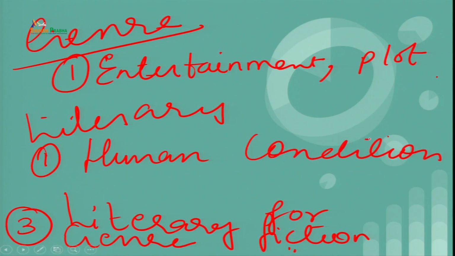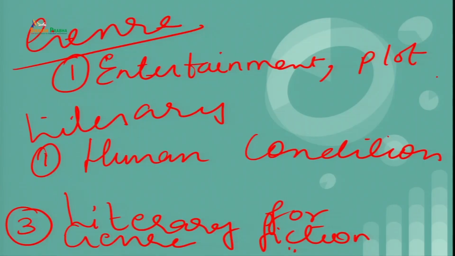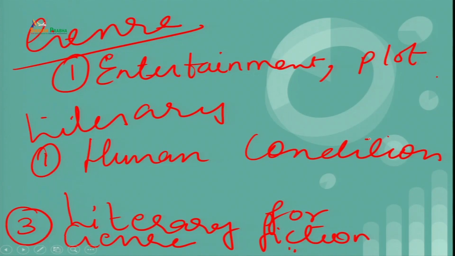Now, in simple words, I would say that when entertainment and plot are used, the writer simply wants you to read it to have joy. When it comes to literary fiction, it comes up with a lot of perspectives. So, human condition is often portrayed. Not just that, it comes up with human opinions, and therefore the reader finds himself in a position to analyze the situation and context that goes through in the text.